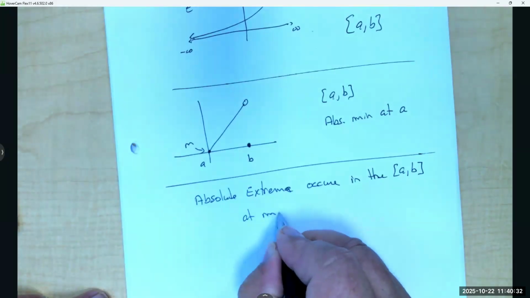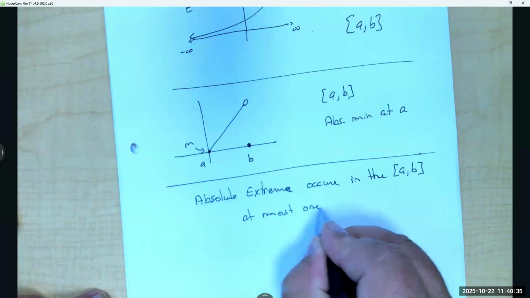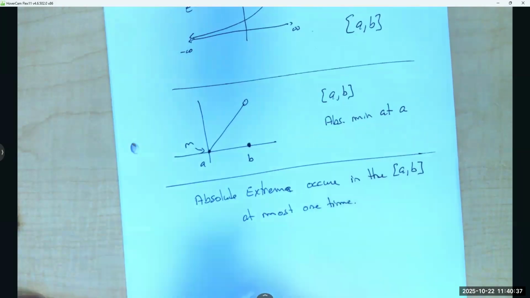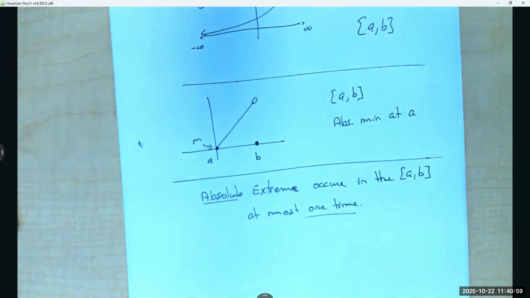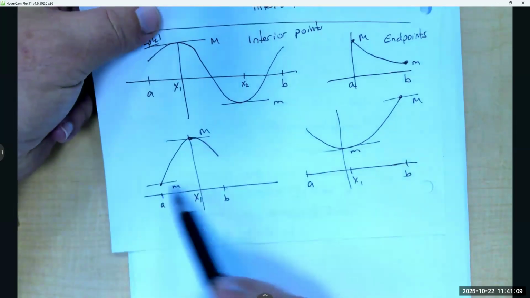At most one time. You cannot have two absolute maxima. Think about it. If it's absolute, you can only have one absolute ruler. You cannot have two or more. So whenever you deal with absolutes, you can only have at most one time. We showed the examples. Max extremes only happen at one time.